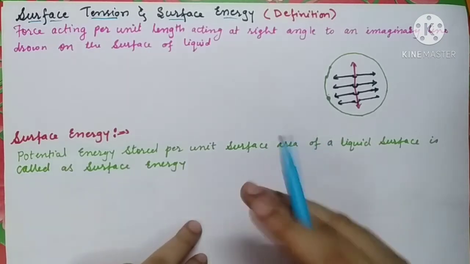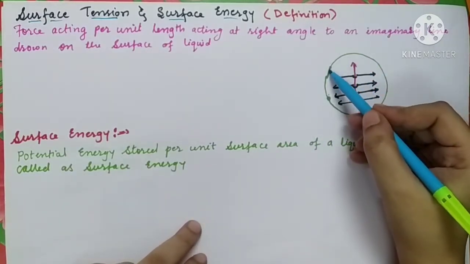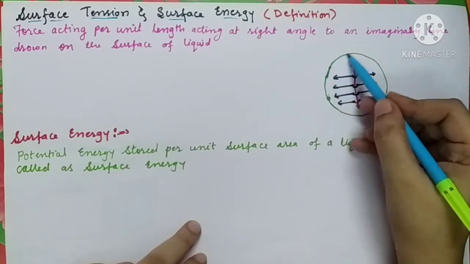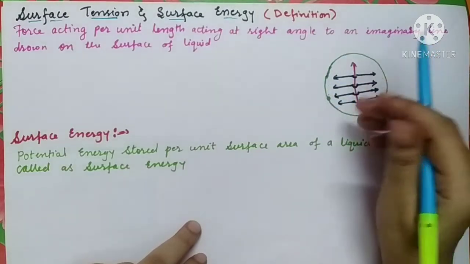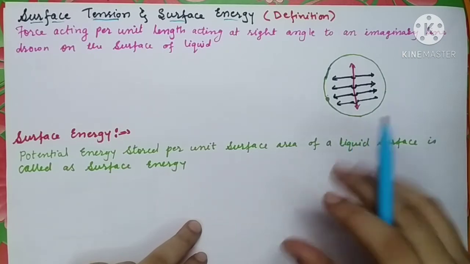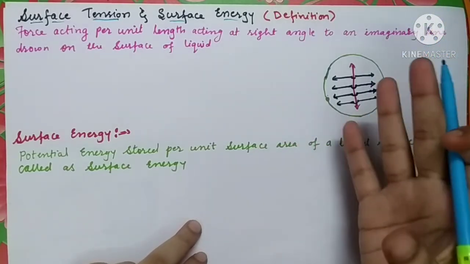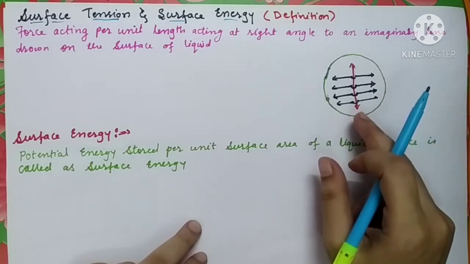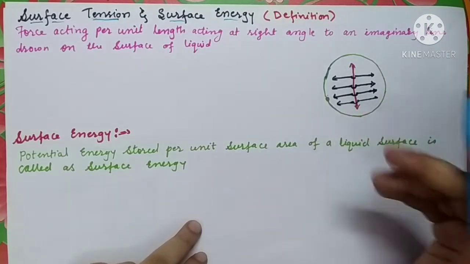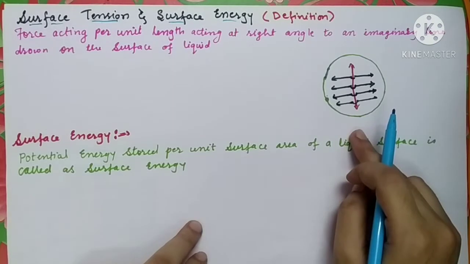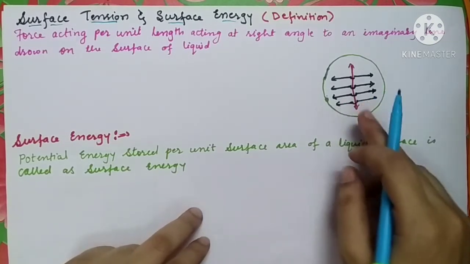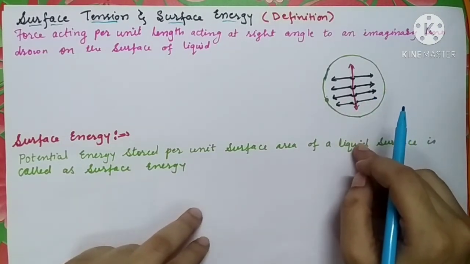So let us consider one surface of a liquid. Here we have taken a surface of a liquid. Suppose it is a container containing water and we are observing it from the above side. Here we have taken a liquid surface into account.